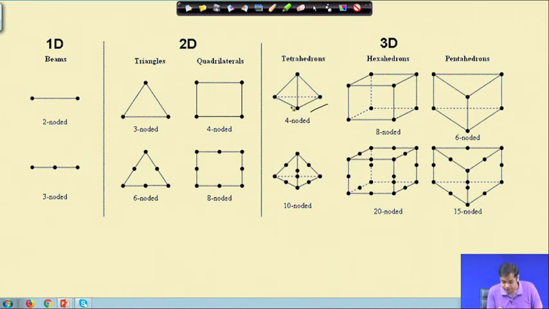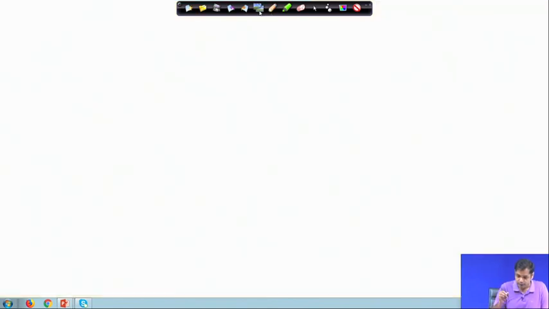We have one node here and another node here. So, our element is essentially this, right?